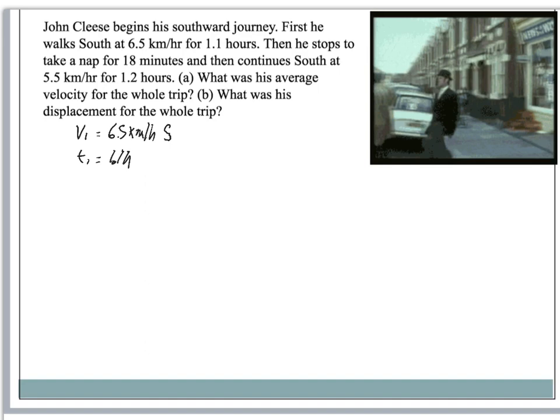Let's call the second part, where he takes a nap, V2, and of course his velocity would be 0 because he wasn't moving. The 18 minutes we need to change to hours, since the velocities are given in kilometers per hour.